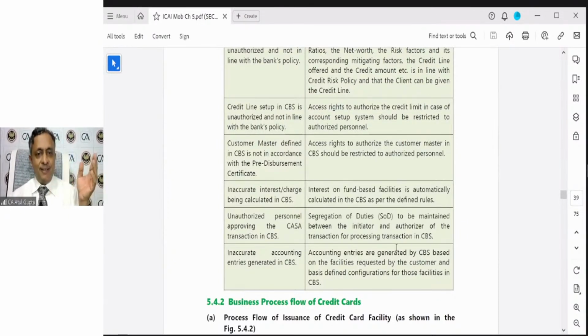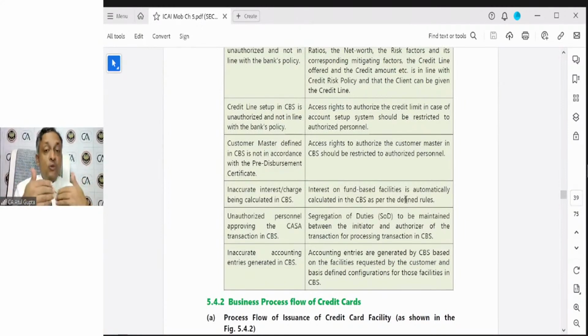If you read it, again, it talks about advances. But we are basically talking about saving bank interest. It says interest on fund-based facilities, but this is not fund-based, it's a saving account. Because the error can occur, in a saving account also you can get incorrect interest.